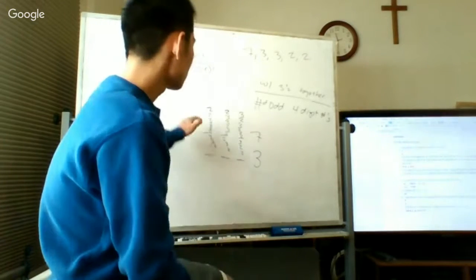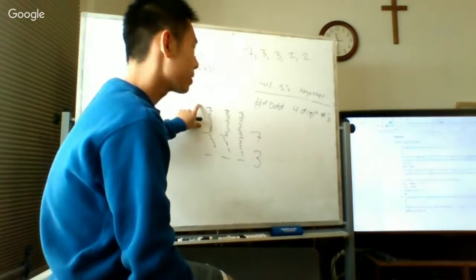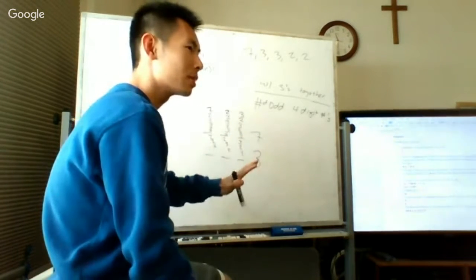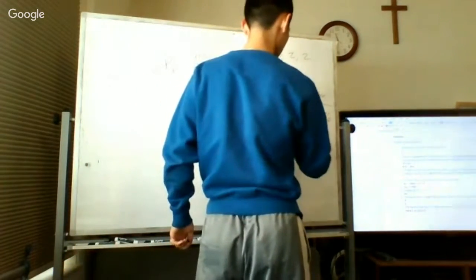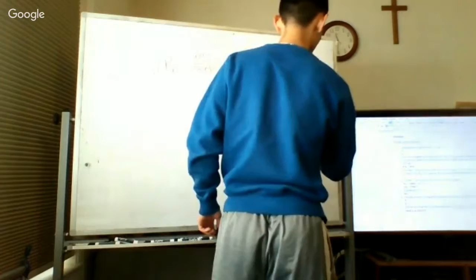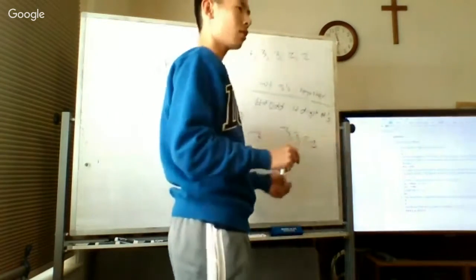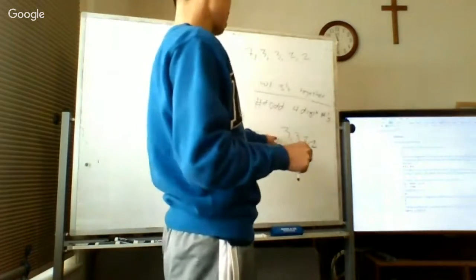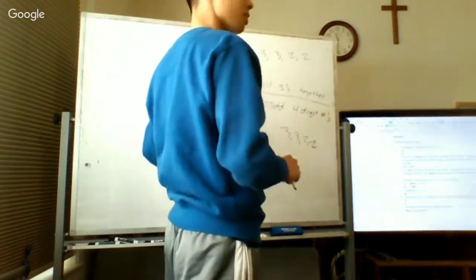Okay, so let's try to look at this, right? For this possibility here, we have 4 numbers: 3, 3, 2, and 2. We have 3 spots, and then we have 2 repeats. Is there a way we can write some type of expression to get the answer 6?